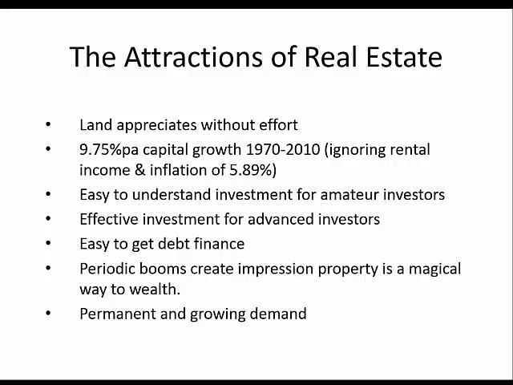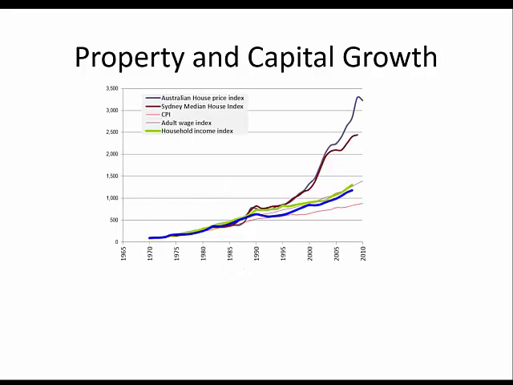When we look at historical trends in capital growth, we find that real estate has tended to outperform most other things in the economy. On this graph, if you look closely, you can see that the price of houses in Australia has risen over the 40 years or so between 1970 and say 2010 considerably faster than the general price level indicated by the CPI, or the inflation index.